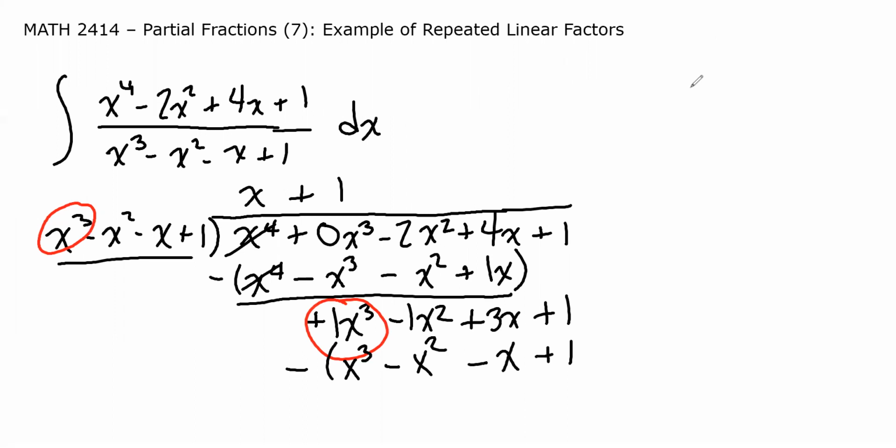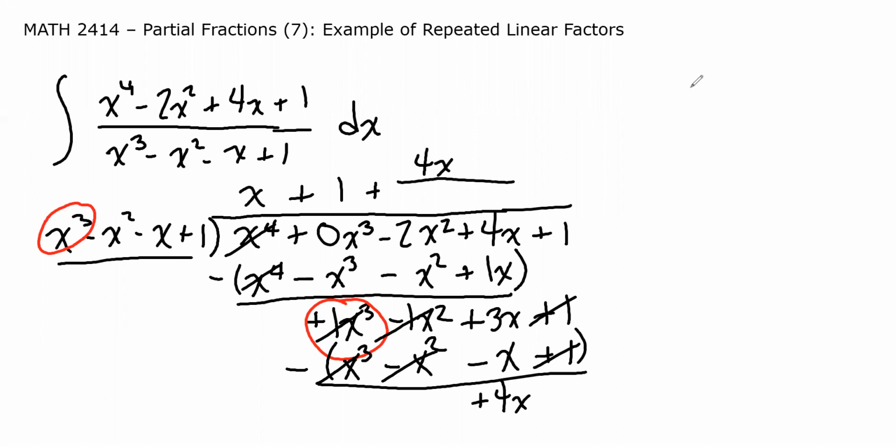And now when we subtract, almost everything cancels. The x cubes cancel, the x squareds cancel, the 1's cancel. However, positive 3x minus negative x is positive 4x. So that's going to be our remainder that we put on top of the divisor, x cubed minus x squared minus x plus 1.